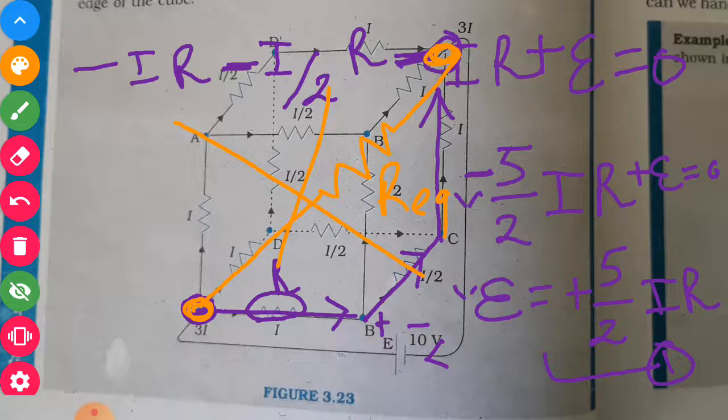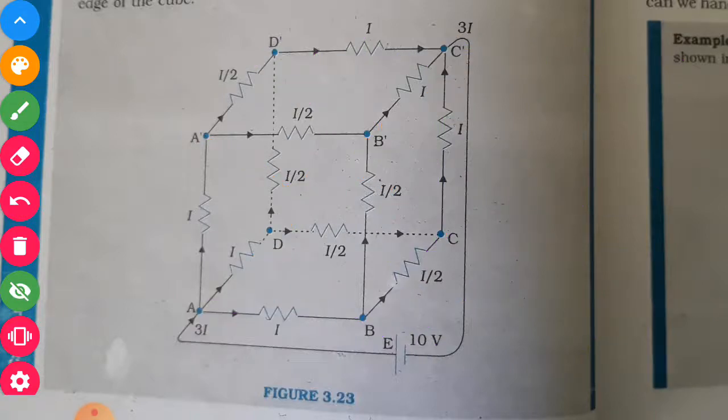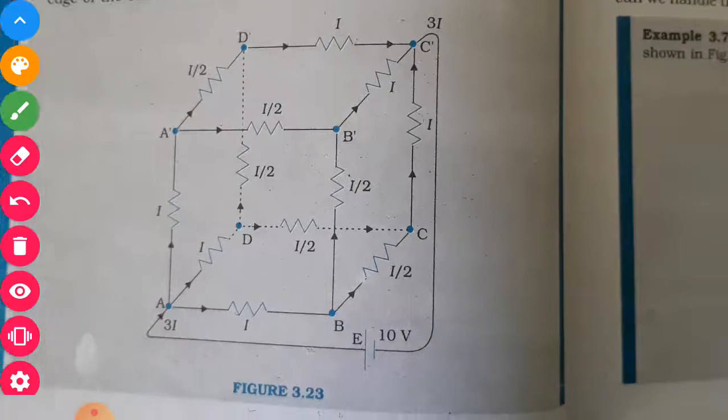So the figure will be like this. You have this battery, and in between these 2 points the whole cube was situated. Now instead of that cube we put another resistance whose value is equivalent to the resistance of the cube.